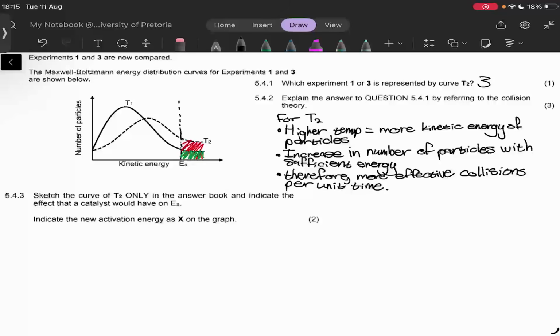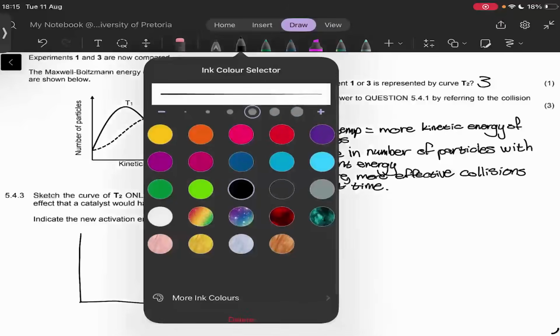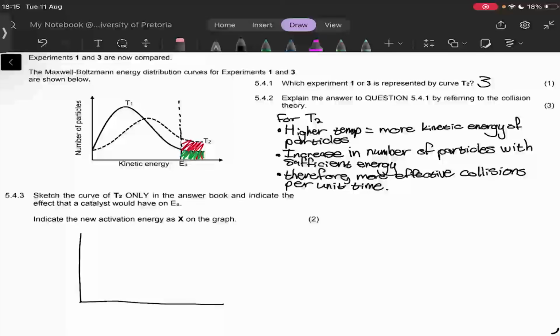What that would look like is the following, if I had to sketch that. I'm just going to try my best to mirror the curve T2. And now our activation energy would be lowered.